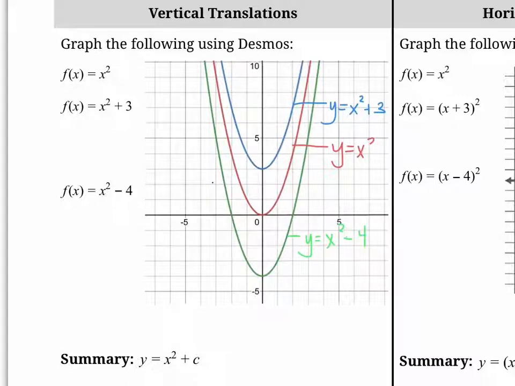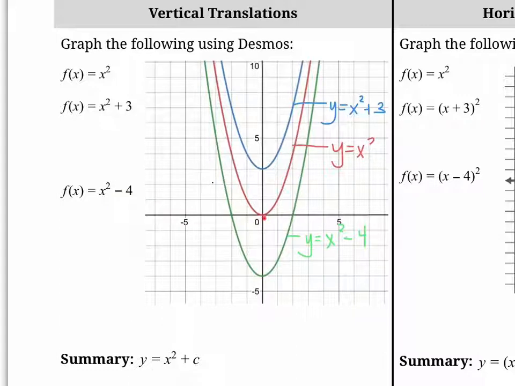So what happened here? Take a look at our original parabola compared to the blue one. All of the points moved up 3 units. So the point 0, 0 moved up to 0, 3. The point 1, 1 moved up to 1, 4. So every single point was moved up 3. Let's take a look at the green one. The green one had a -4 here.